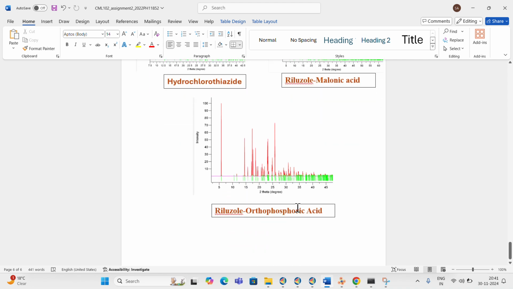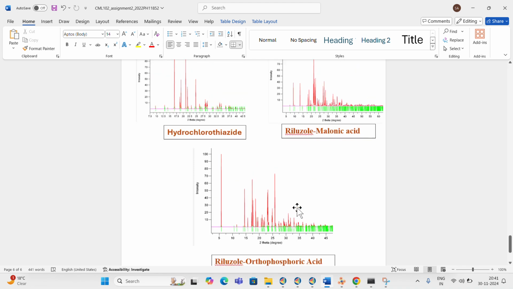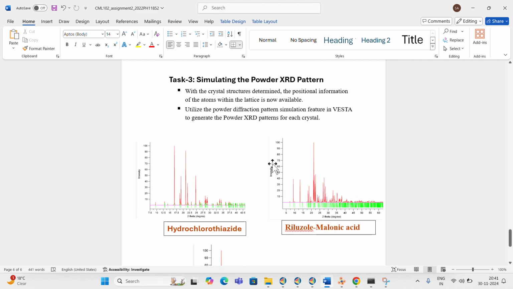So this was the assignment in which we have seen how we can use the .ins file to plot the structure and then visualize it in OLX2, and also we can plot the powder XRD pattern for the datasets. Thank you.